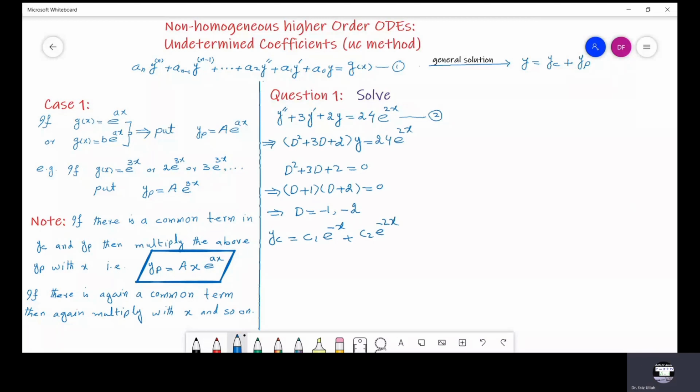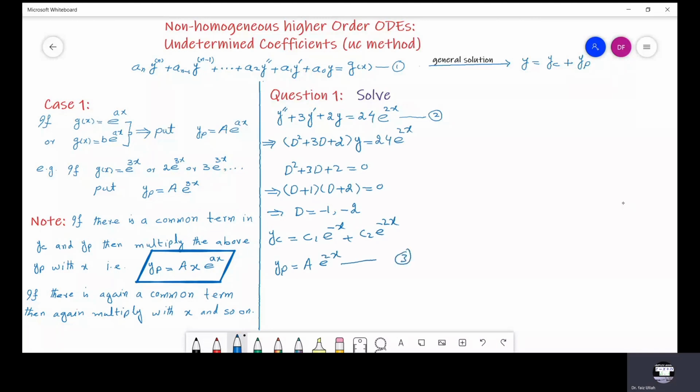Now the next task is to find yp. Now yp, according to case number 1, is equal to a e power 2x. Let us say this is equation number 3.